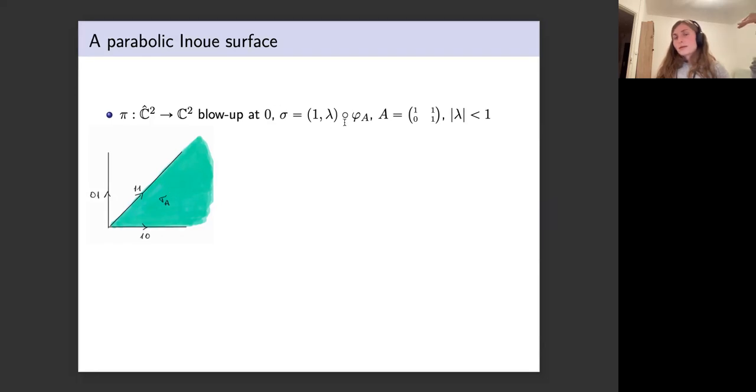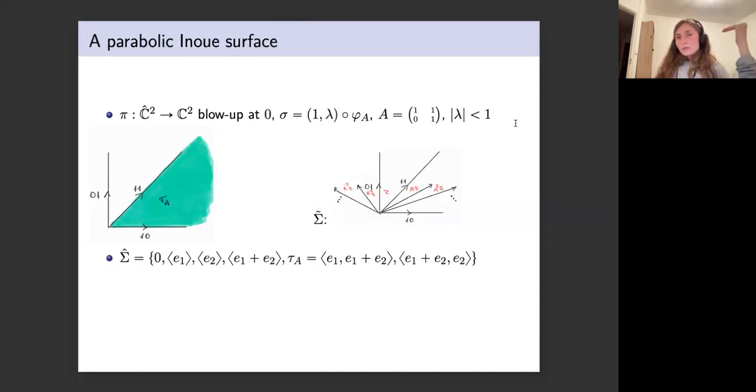And for sigma, you have to take also some lambda. You are not allowed to just take sigma equal to phi A, because this would not send the ball inside the ball. You have to also multiply this by (1, lambda) for lambda smaller than 1. And then if you do this construction that I described, well, again, I already said who the fan of the blown up is.